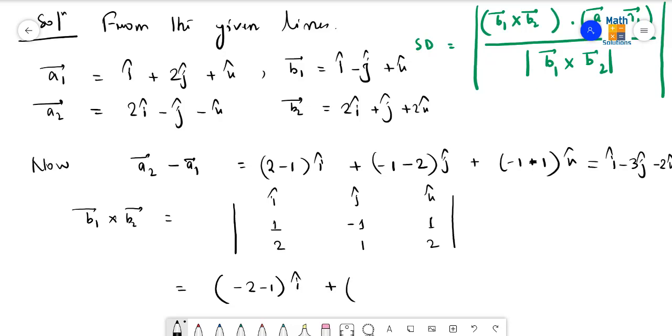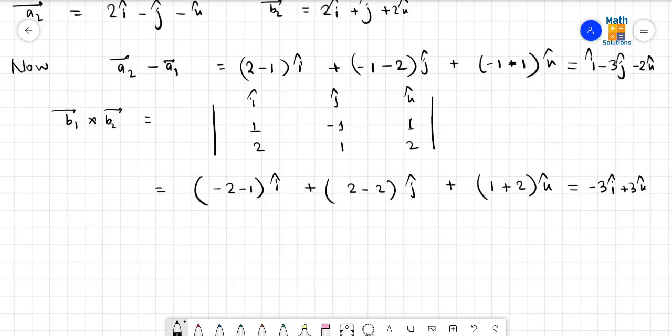Then for j cap, if reversely written, it is 2 minus 2, j cap. Then for the last one, it will be 1 plus 2, k cap. So ultimately what shall I get? Minus 3i cap plus 3k cap. So these are the results I got here.